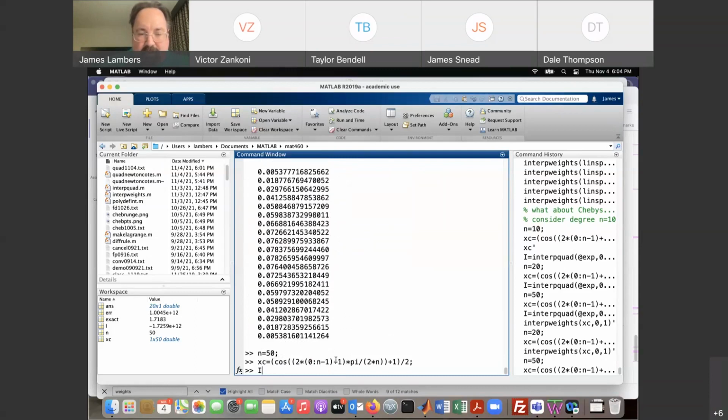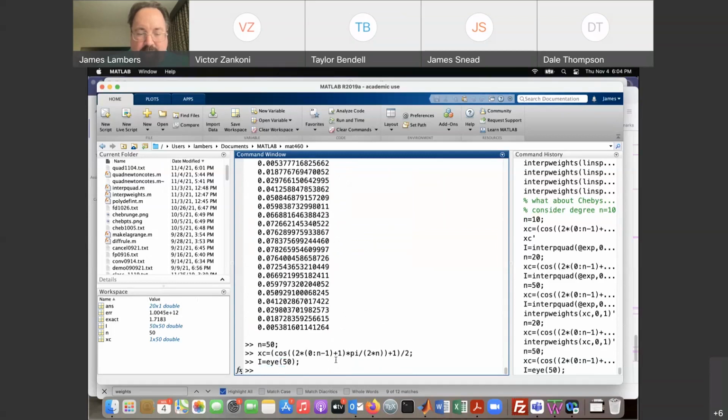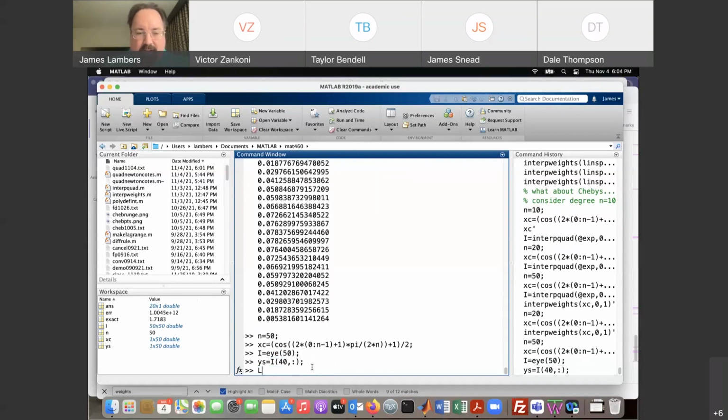So I'm going to generate a 50 by 50 identity matrix and randomly choose a row of it, say row 40. This will have all zeros except the 40th element, which will be equal to 1. These are appropriate y values for a Lagrange polynomial. Then I will do polynomial interpolation with Chebyshev points, these y values, and the appropriate degree.